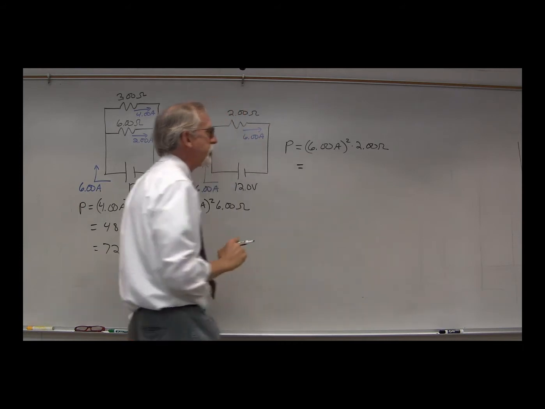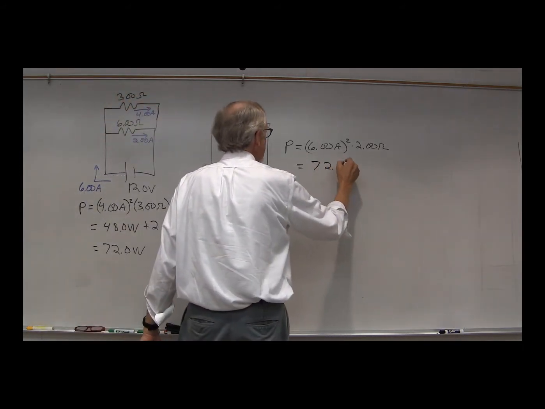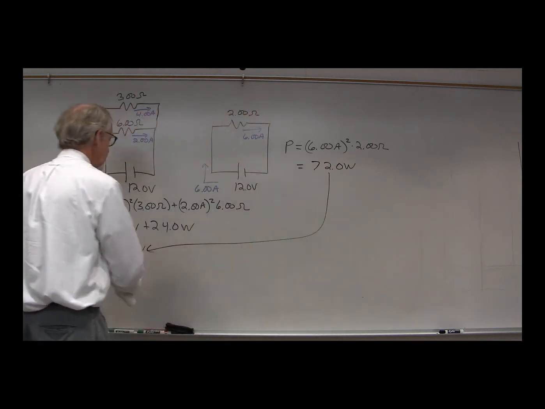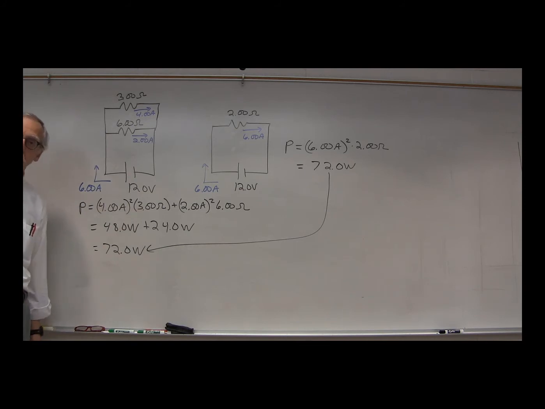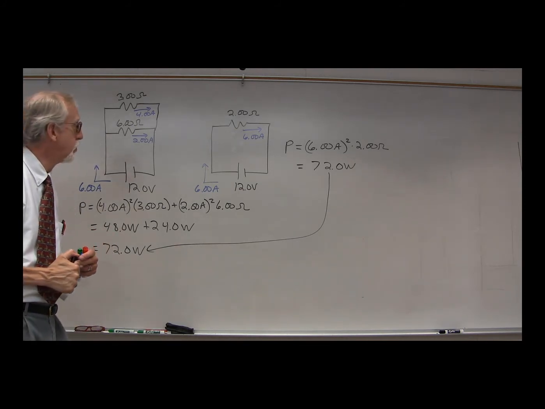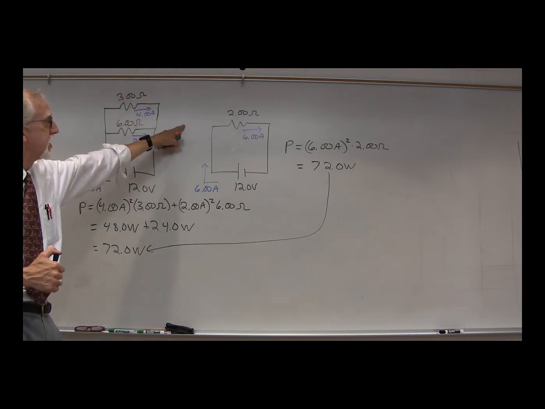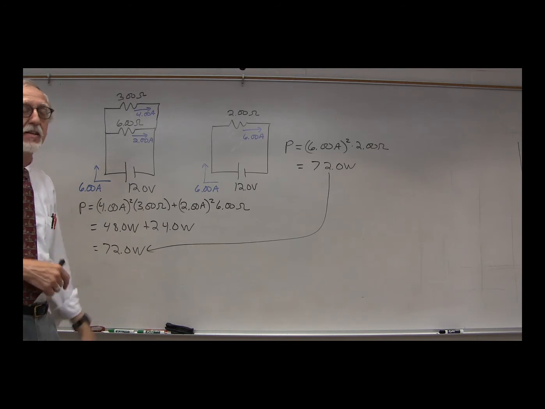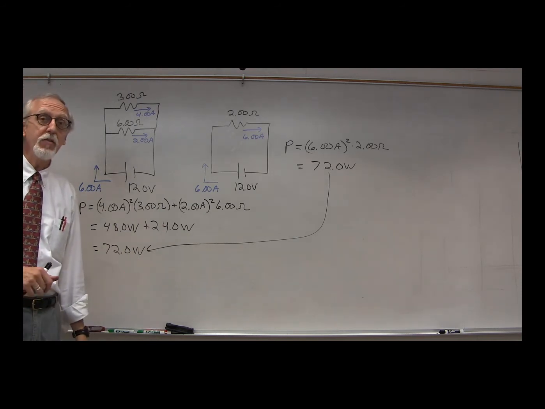Well, 6 squared is 36. 36 times 2 is 72 watts. And again, that is exactly what we found from adding up the two powers. So again, it really seems that when we replace the resistors with the equivalent resistance, we do get a circuit that acts exactly like the original circuit. Okay, great. What about something even more complicated?